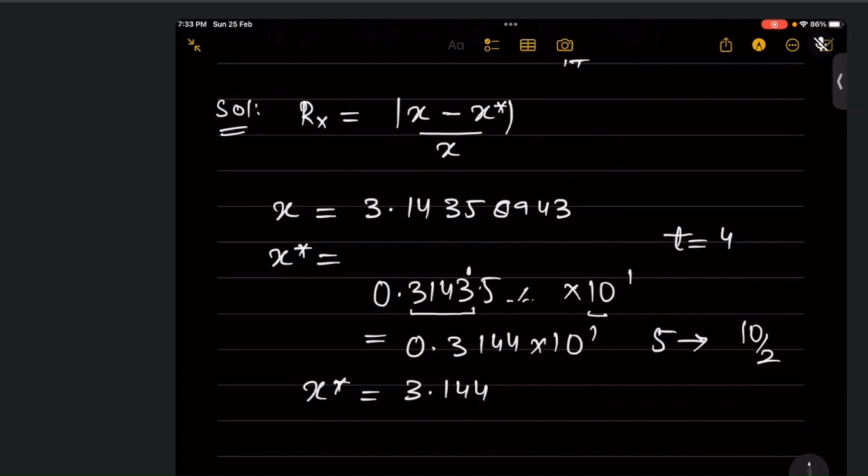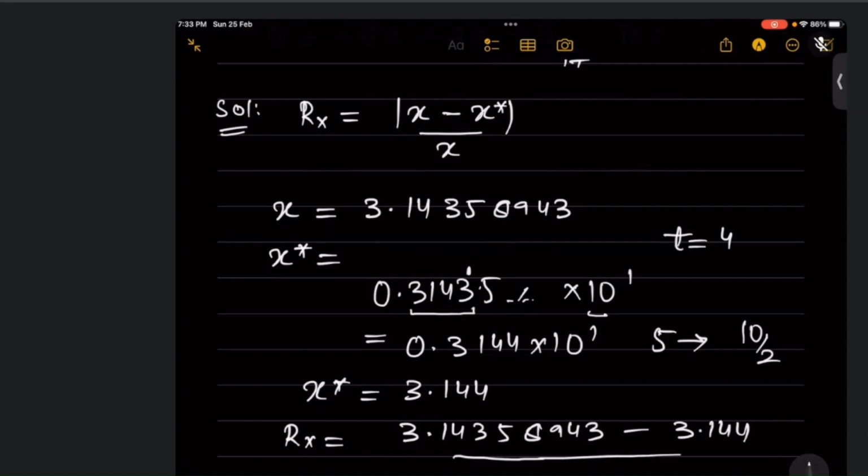Now there is nothing left. Simply you have to put this in this expression: 3.143588943 minus 3.144 divided by the actual value. Now do it on the calculator and tell me what you are getting.